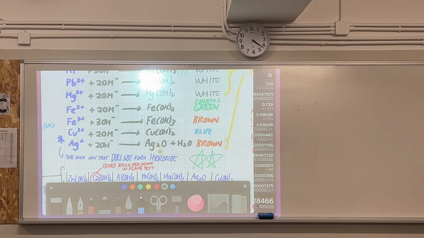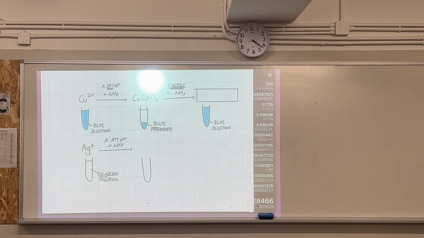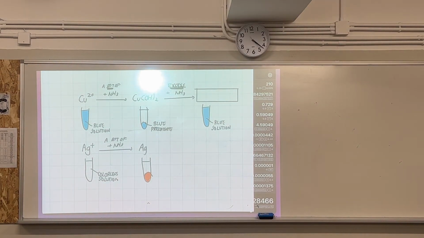This is actually Ag2O. So we need to remember the color: brown precipitate. But this brown precipitate will then redissolve into a colorless solution. Again, you don't need to know the formula, but you have to remember the resultant color, and it is that a colorless solution will form.